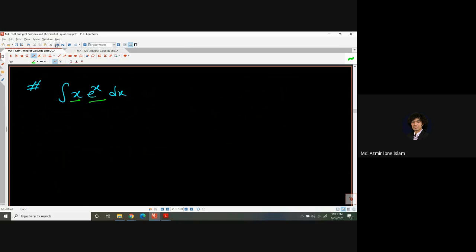We have to figure it out by using the LIATE concept. You can see that x is an algebraic function and e to the power x is an exponential function. So we have the combination of A and E. That means obviously x will be u and e to the power x will be v.